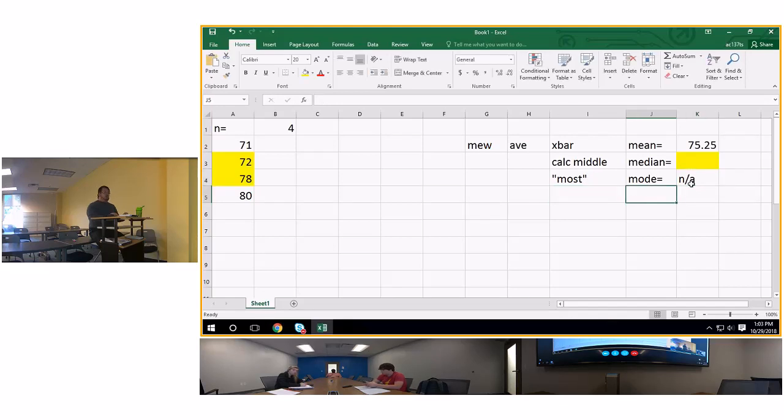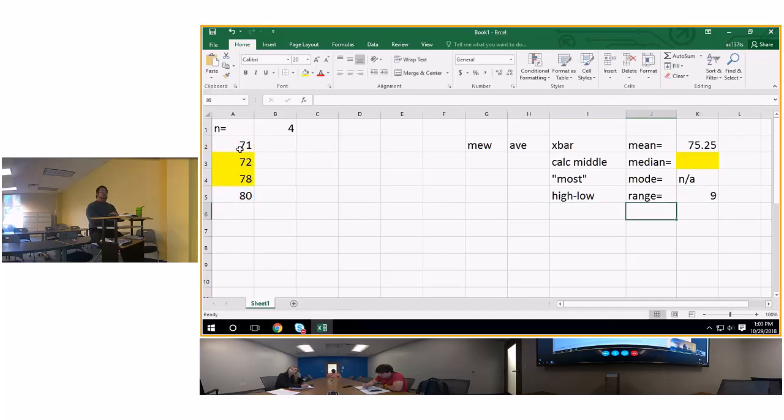Okay? Range. Range is equal to the highest minus the lowest. I'm going to put capital H, highest, or I'll just put high minus low. So that's going to be equal to the 80 minus 71.